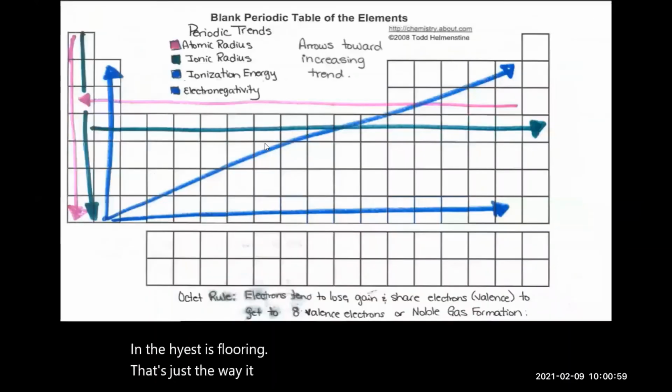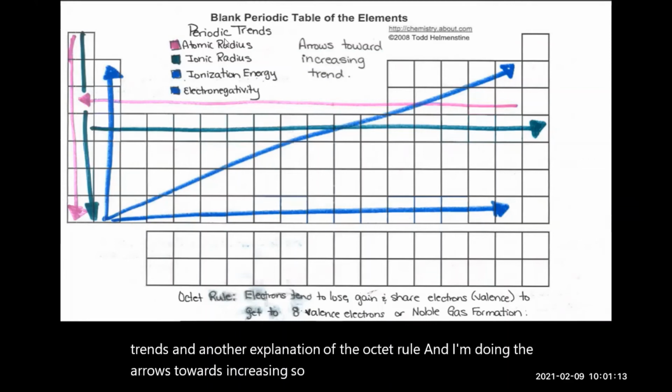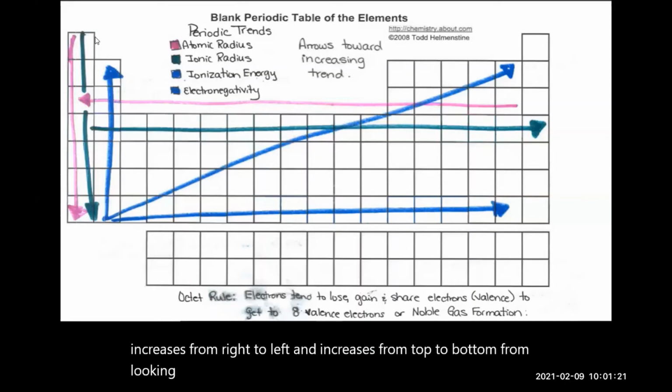Here's a nice visual of all the periodic trends and another explanation of the Octet Rule. I'm doing the arrows towards increasing. So the pink is the atomic radius. It increases from right to left and increases from top to bottom. If I'm looking at ionic radius, it still increases from top to bottom, but it increases from left to right.